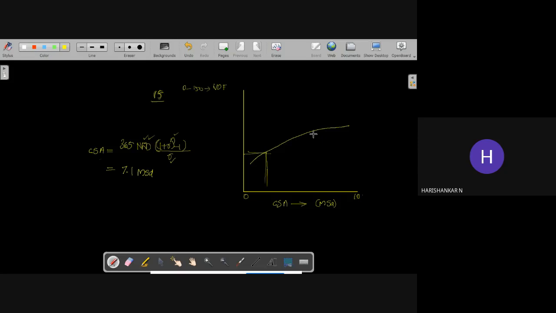So here you have to take the value corresponding to 7.1, so that you will get the thickness as 660. So it will be 660 mm, and that is the combined thickness.